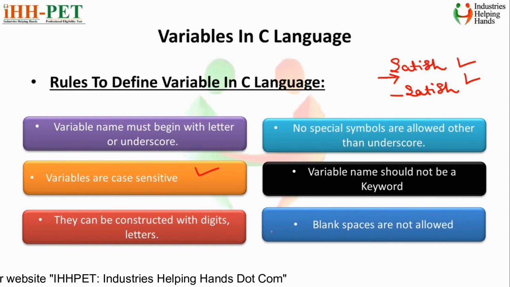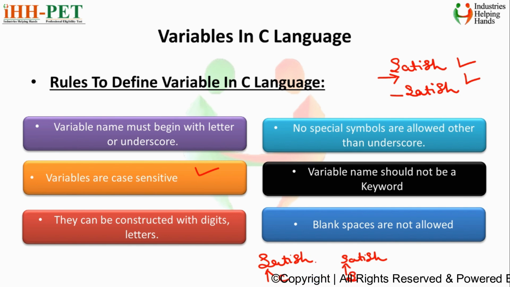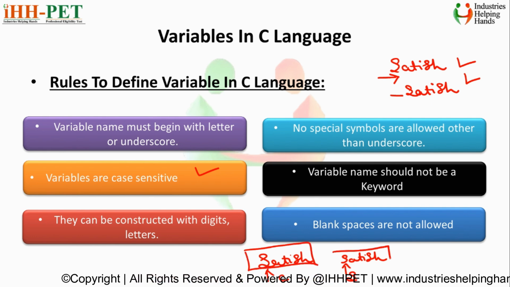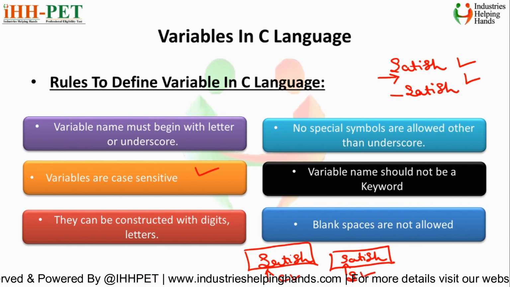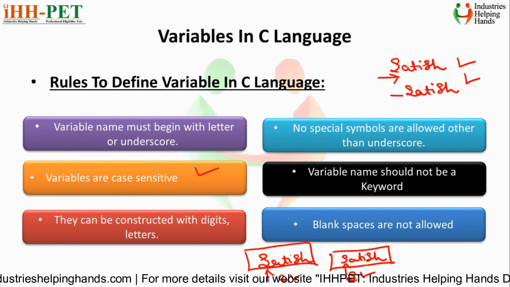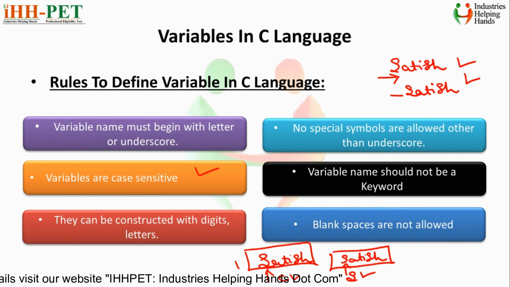Variables are case sensitive. That means if I write Satish as a variable and then write Satish with a capital letter and a small letter, in the time of execution, variables will not be identified uniquely, because at compilation this capital S and this small s will be treated as different.